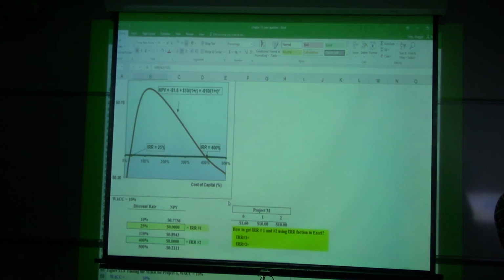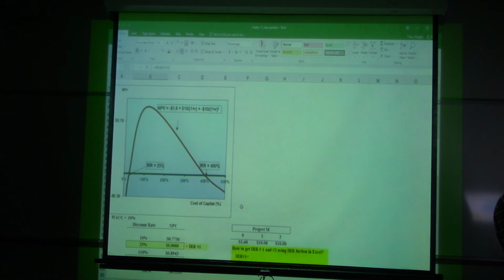All right. If we change the discount rate, draw it, and calculate this NPV, the curve should be downward sloping.